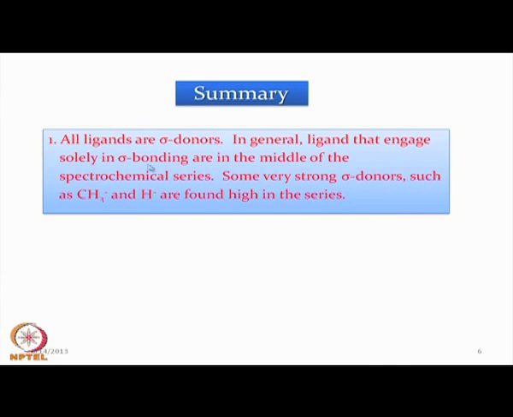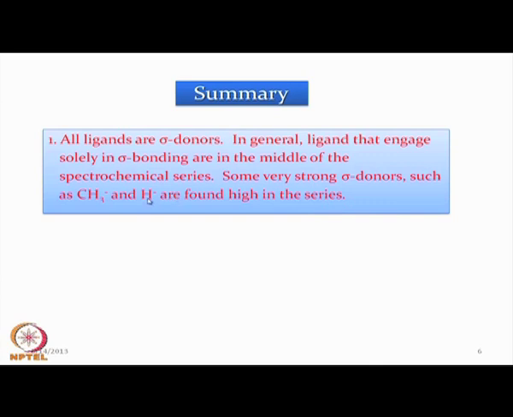There are some other special type sigma donors which are very strong, such as CH3 minus and H minus, that means the hydride ion. The hydride ion and methide ion are found to be high in the series. So, they are pretty strong, but they do not have any pi bonding interaction with the metal center.